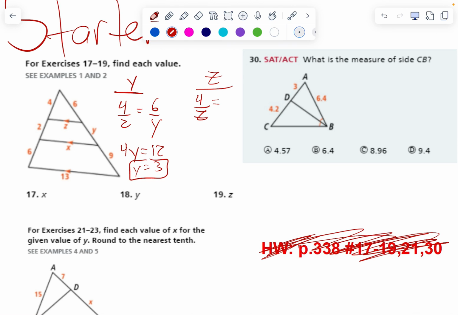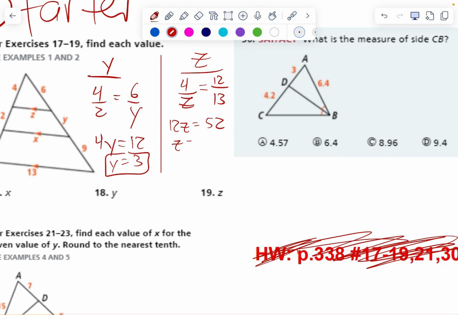So 4 plus 2 plus 6 is 12 to 13. And that's a quick way to do z. So we get 12z equals 52. So 4 times 13. And then z equals, what is that? 4.33, I think. Is that right?